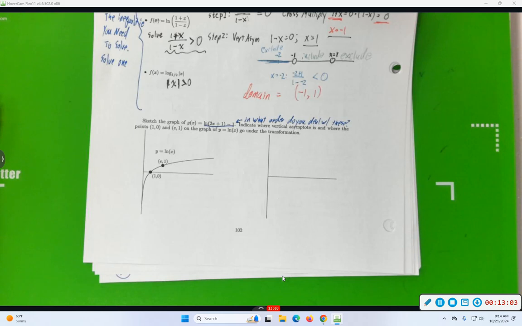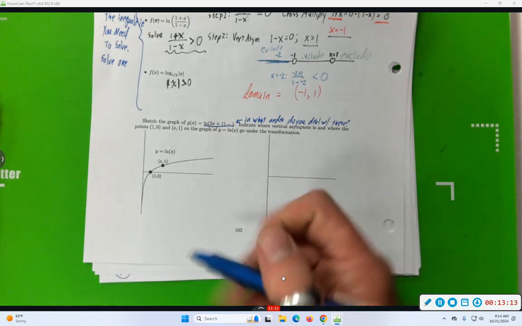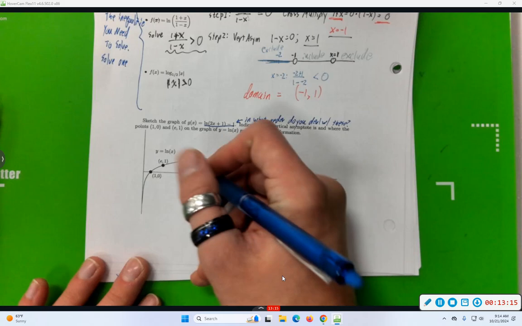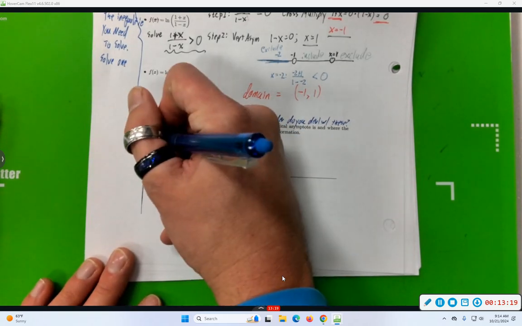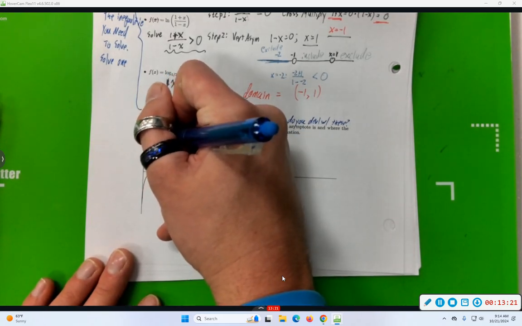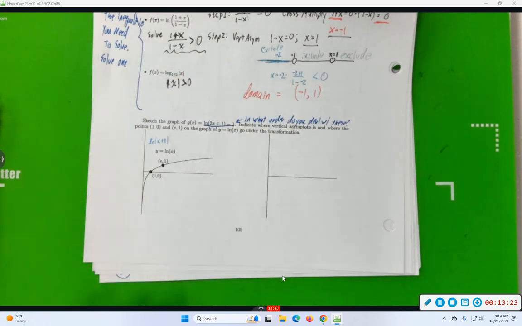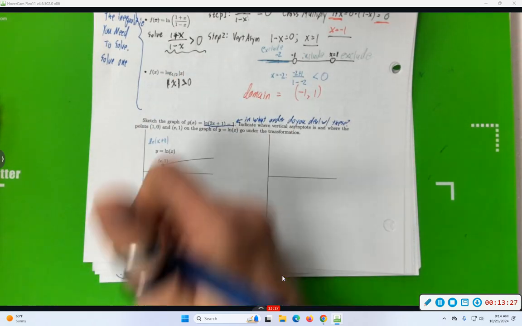So let's just start from the inside. That plus 1, what is it going to do to the graph? Left 1. So, in blue in this same picture, I will get ln of x plus 1. So I guess that means everything needs to be shifted to the left by 1.